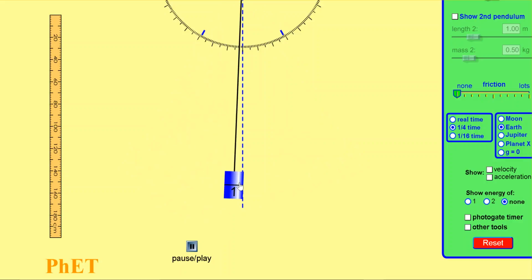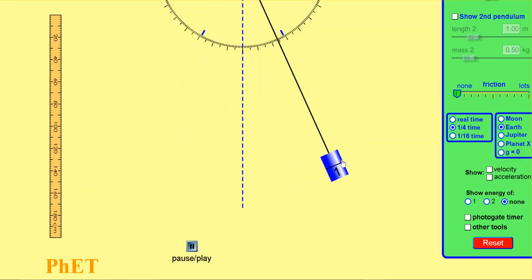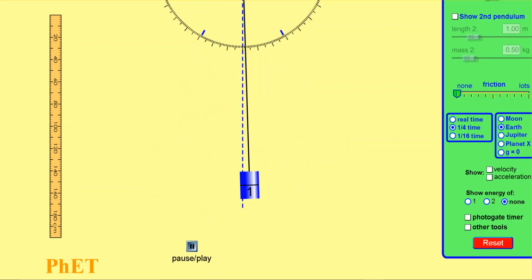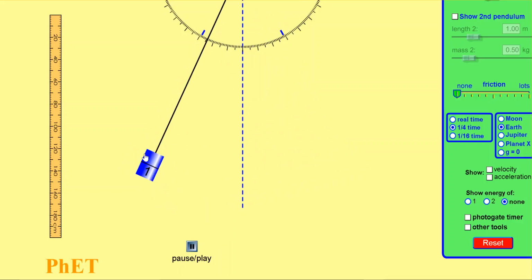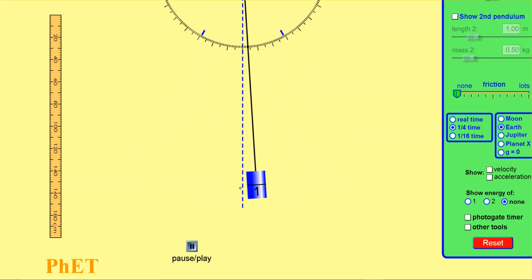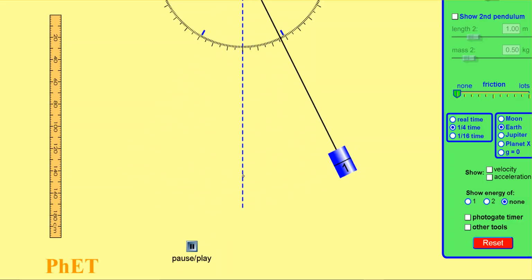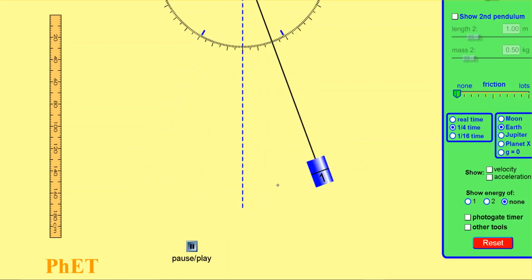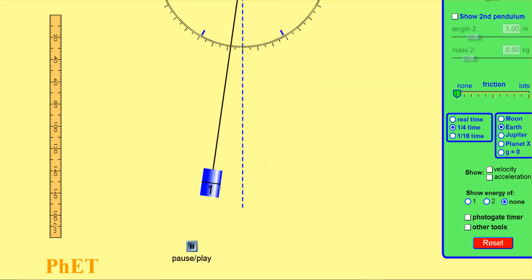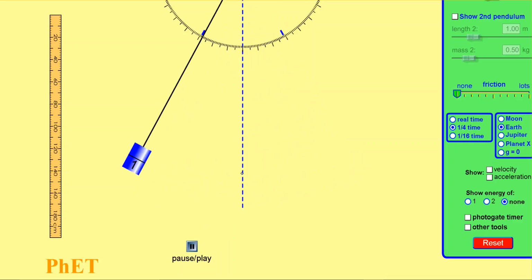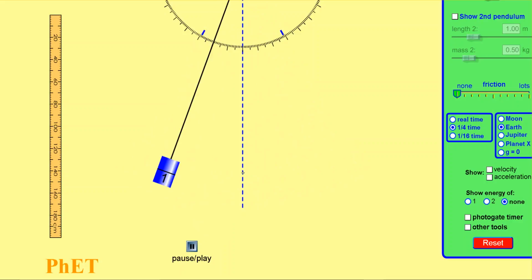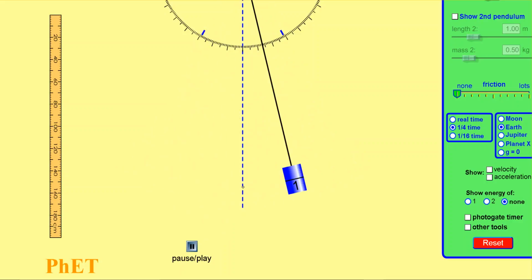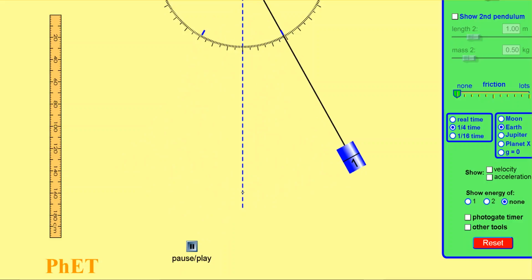But at that point, there's no restoring force. It's got its biggest restoring force up here, the biggest force pushing it back. It gets smaller and smaller until right at that moment it's zero, and then it switches directions when it goes the other way. So right at that point, the force is equal to zero, so the acceleration is also equal to zero.